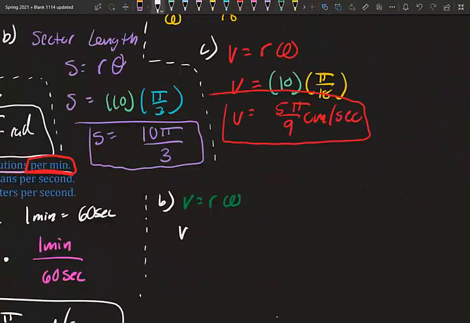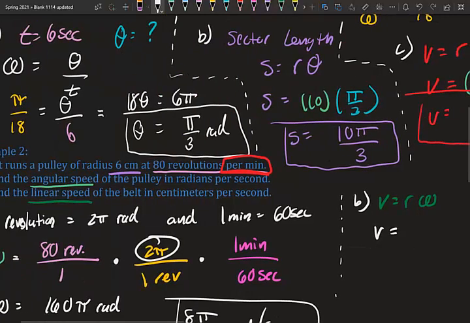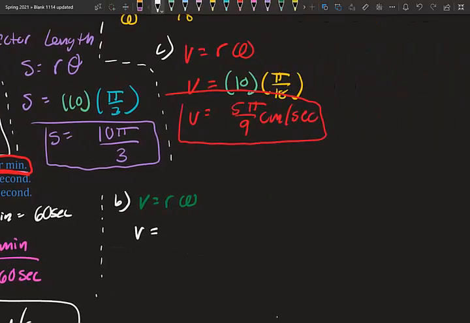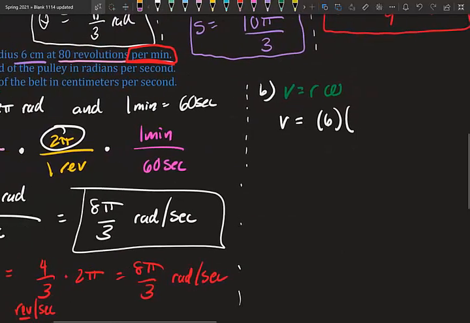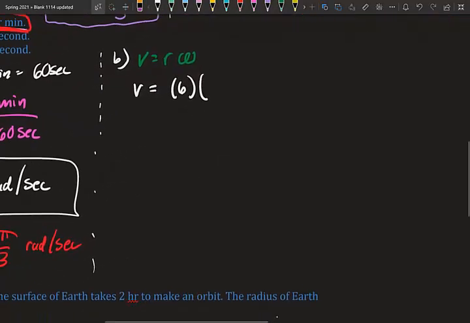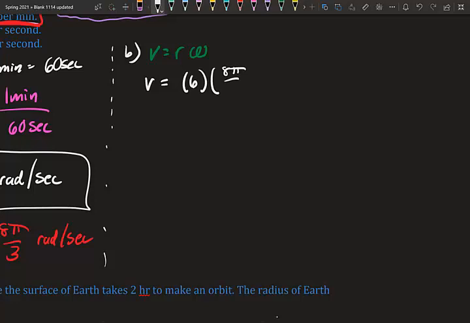So we have V equals our radius. Remember, our radius was 6, times the W we just found, which is 8 pi over 3. When we simplify, we get 16 pi, but that's not centimeters per second.